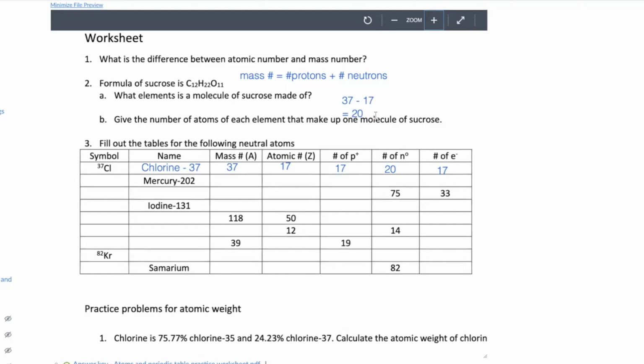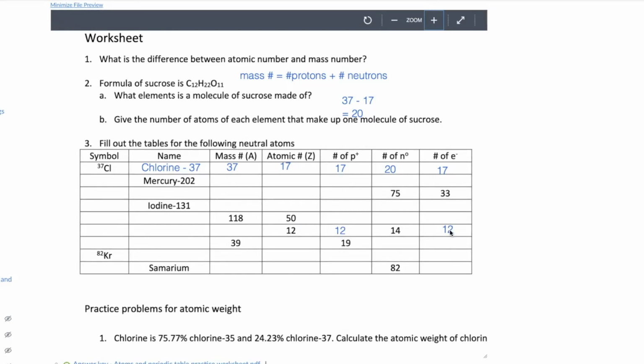Let's look at one more. Let's do this one. It has atomic number 12. So atomic number 12 means the number of protons will be 12. And because it's a neutral atom, the number of electrons will also be 12.